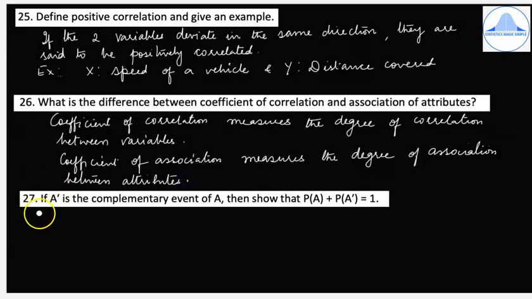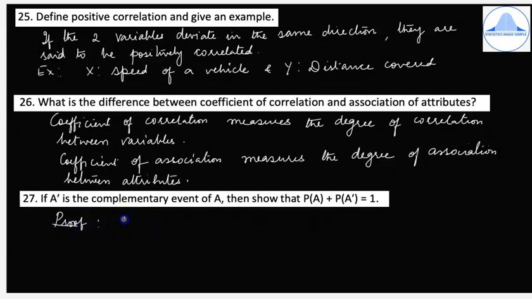27th question. If A dash is the complementary event of A, then show that P of A plus P of A dash is equal to 1. So let's prove this result.